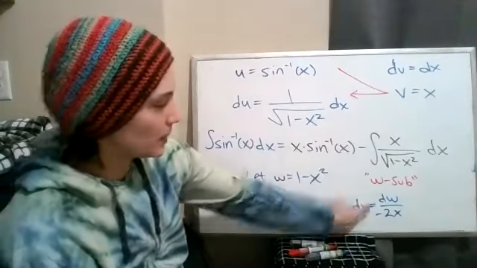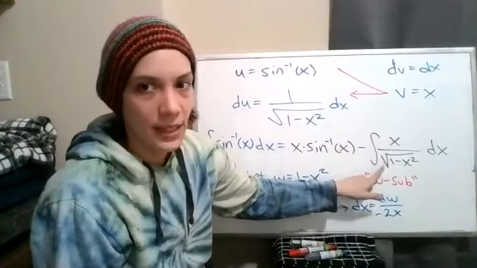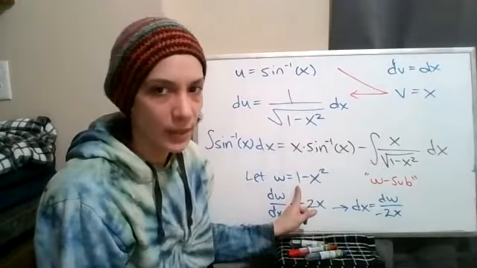So I'll put this piece in right here. This will just sit where it is for now. And this is a root of w.